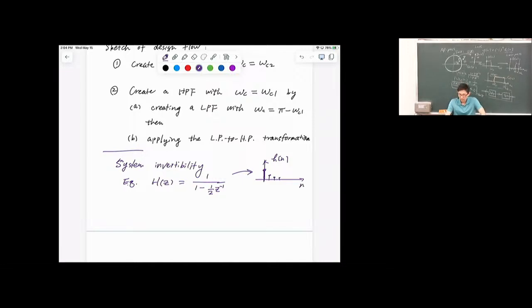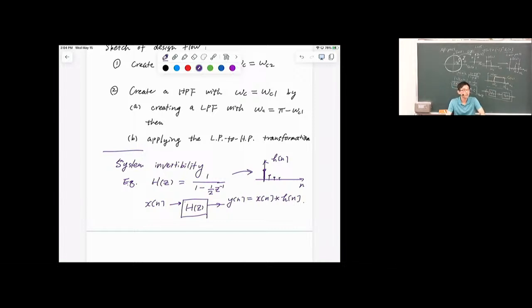So once you process the signal with the system H(z), the result y(n) is equal to x convolved with h, right? We know that. The question is, can we invert this? Can we undo h?